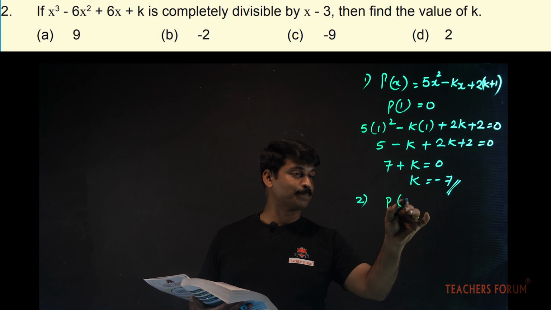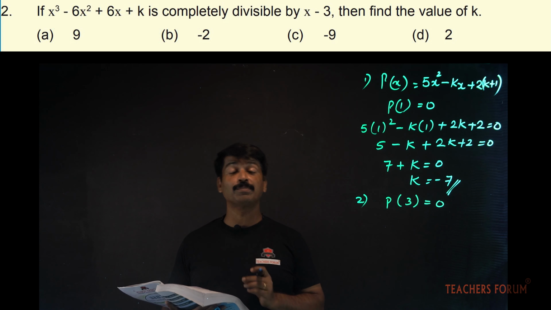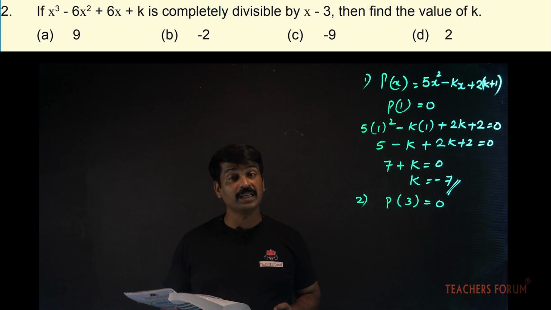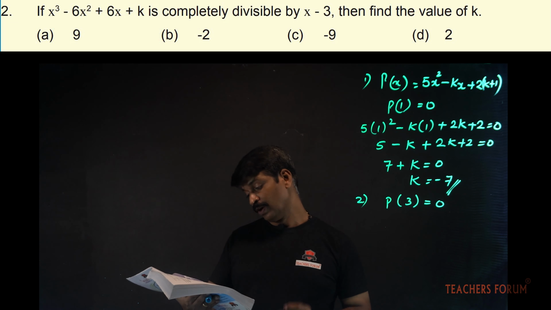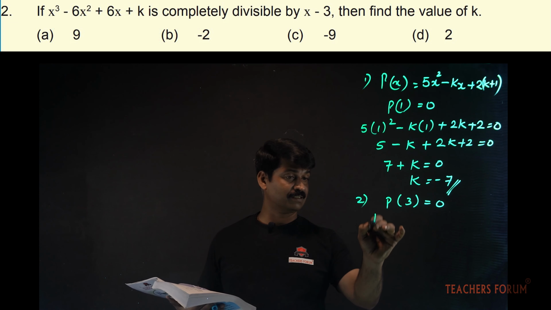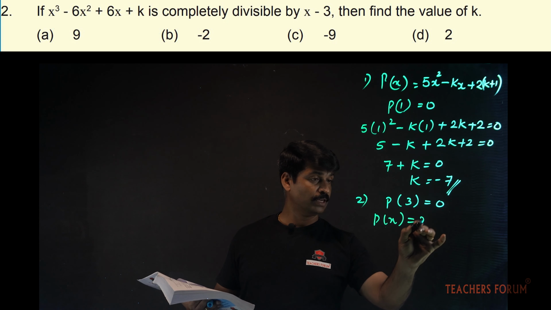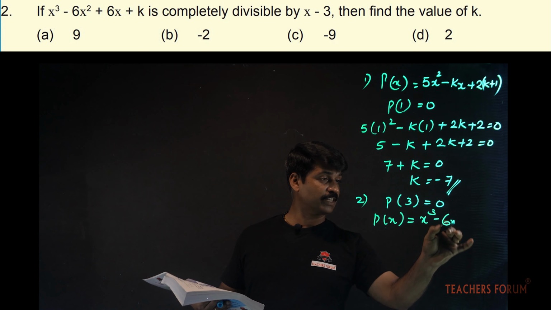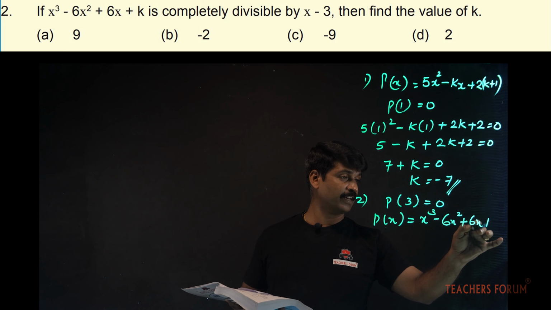So, we can say that p of 3 is equal to 0, because the given polynomial is completely divisible by x minus 3. Let us write the given polynomial as p of x, that is equal to x cube minus 6x square plus 6x plus k.